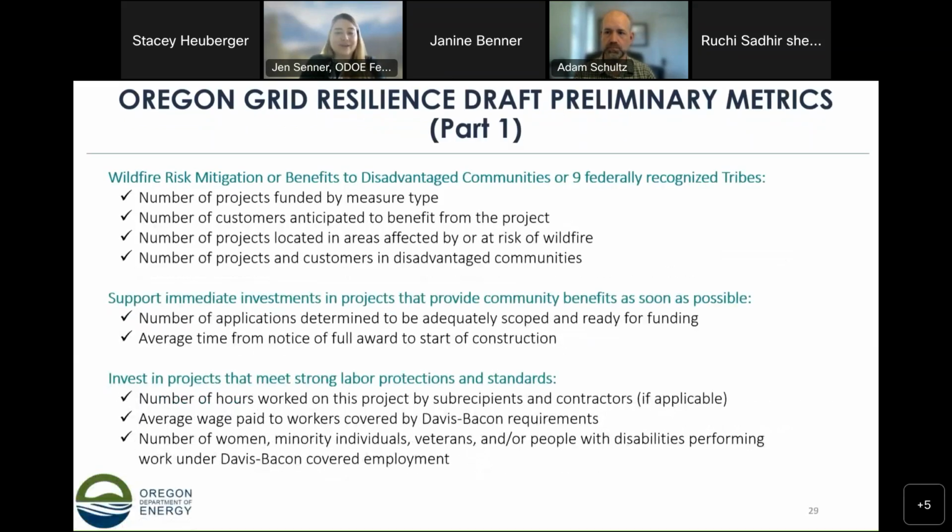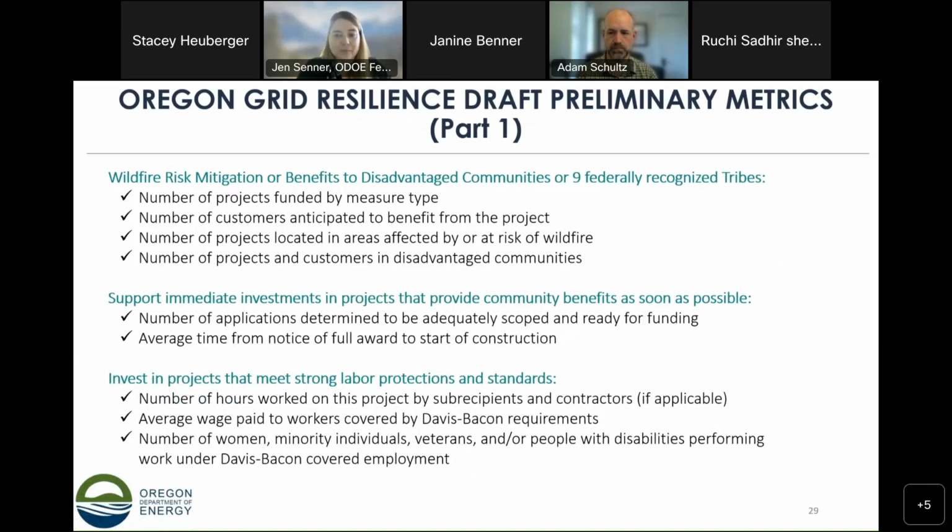Great. So Adam covered some of our initial objectives, especially during year one, but underneath those objectives, we have some proposed metrics, and it's our hope that these metrics would help us at the Oregon Department of Energy determine and assess how well these investments are meeting these objectives. These are just some of the proposed metrics.